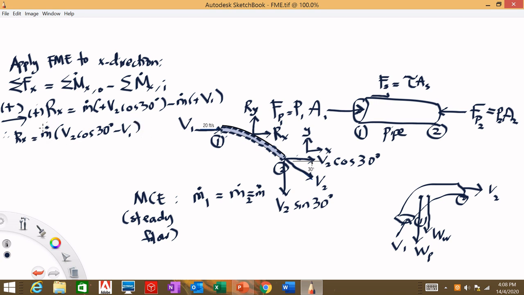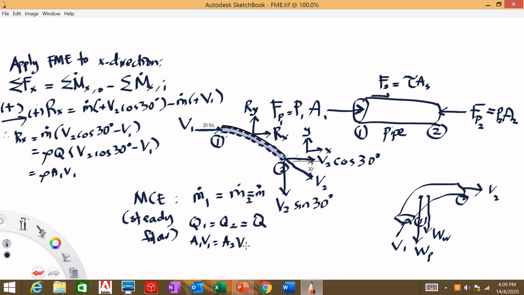If the question gives you m dot or rho Q, or gives you Q or velocity, you can use rho Q times V2 cos 30 minus V1, since this is an incompressible flow, rho is constant, so Q1 equals Q2 equals just one notation Q. Or you can also use rho A V. You use one of the areas and one of the velocities, let's say rho A1 V1, because A1 V1 equals A2 V2, the same. So times V2 cos 30 minus V1, or A2 V2, can.